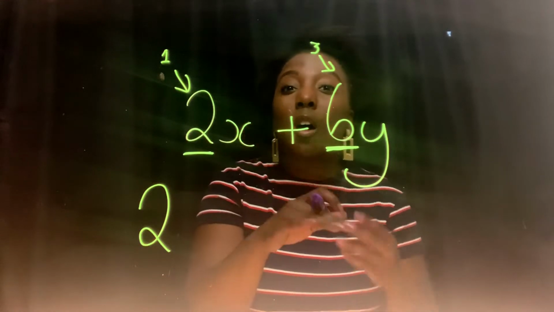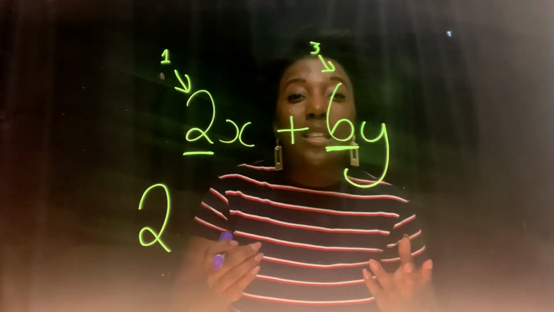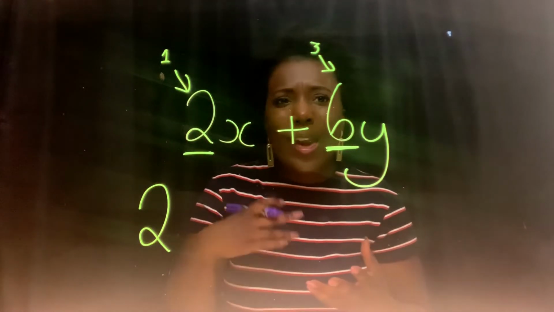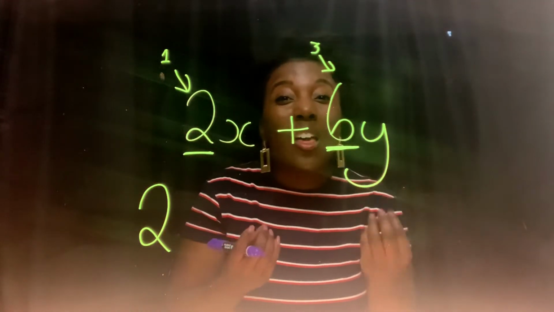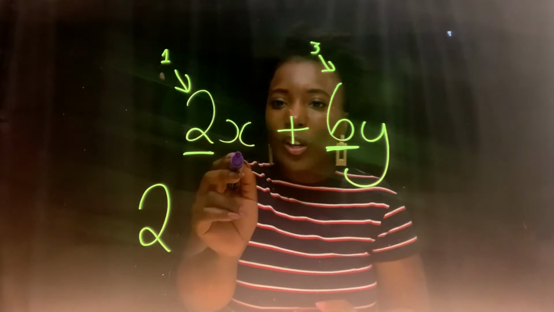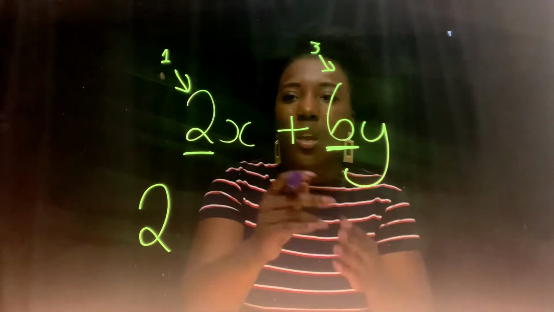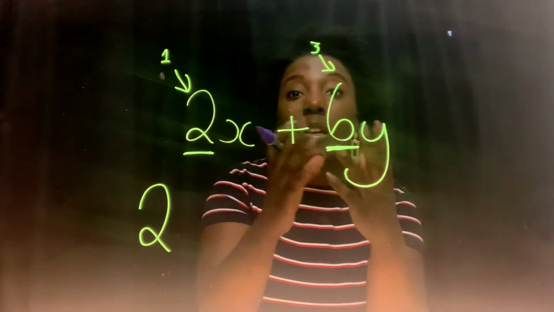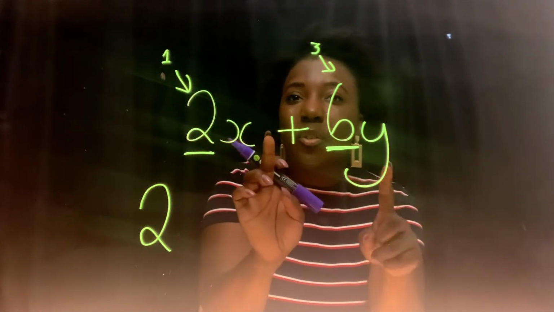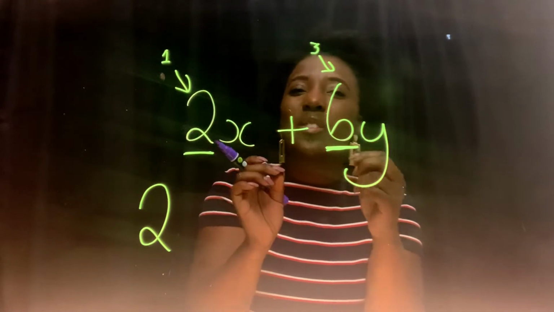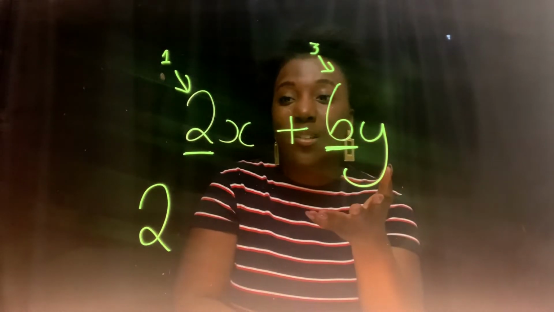Now we need to look at our unknowns. Our unknowns are anything such as x, y, z, p, t, whatever letter they like to use to represent another number. So here we've got an x and here we've got a y. In both parts of this expression, we have 2 different unknowns. Now that's very, very important to note when we are factorizing.